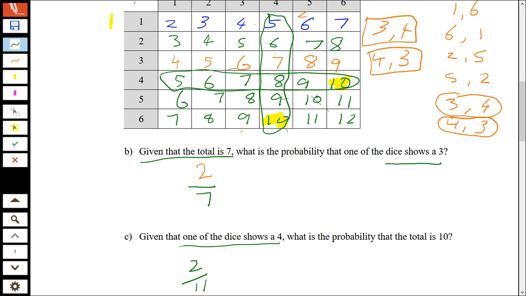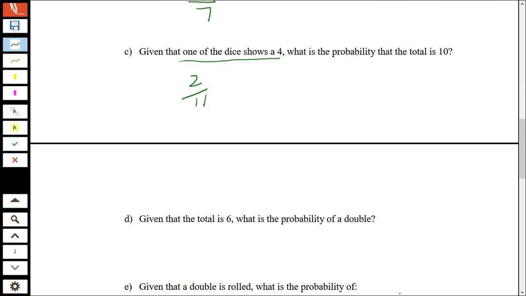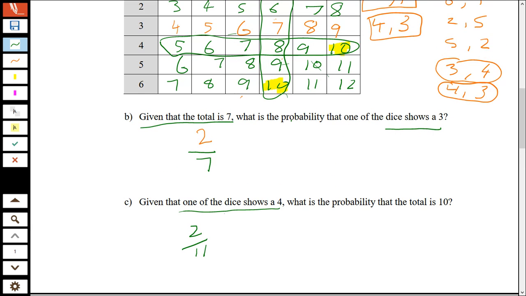Okay. Now, another way of thinking about that question is to just list all the possibilities again. List all the 4s. So you could say, you know, what have I got? I've got a 4 and a 1, a 4 and a 2, 4 and a 3, and so on. List all the possibilities, but you don't need to. You can just look at that table.